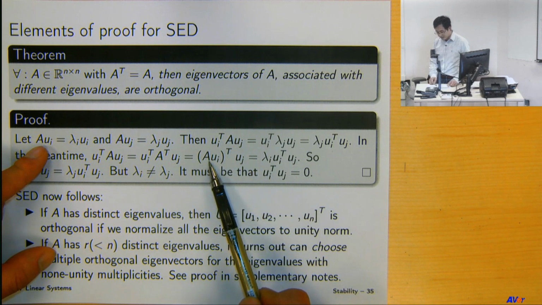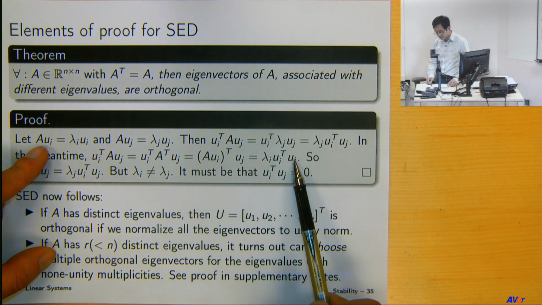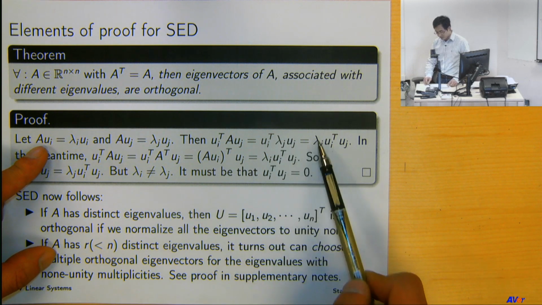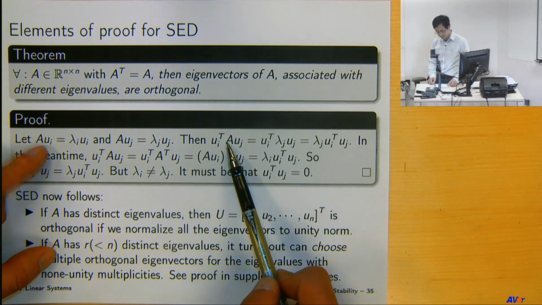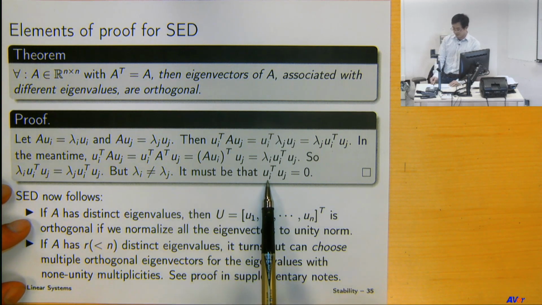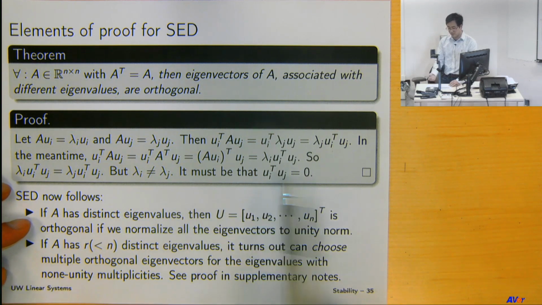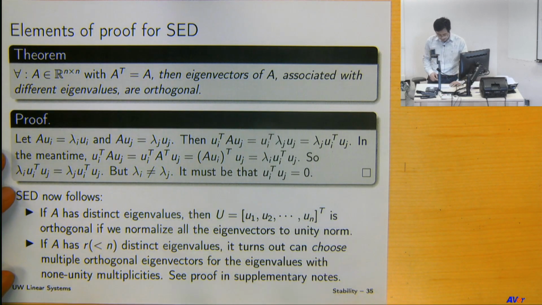So it's actually lambda i times ui transpose times uj. So in that way, we see that we create these two different representations of the same number. So they must be, ui transpose times uj is 0. They are orthogonal to each other. So that's the proof, the main steps.